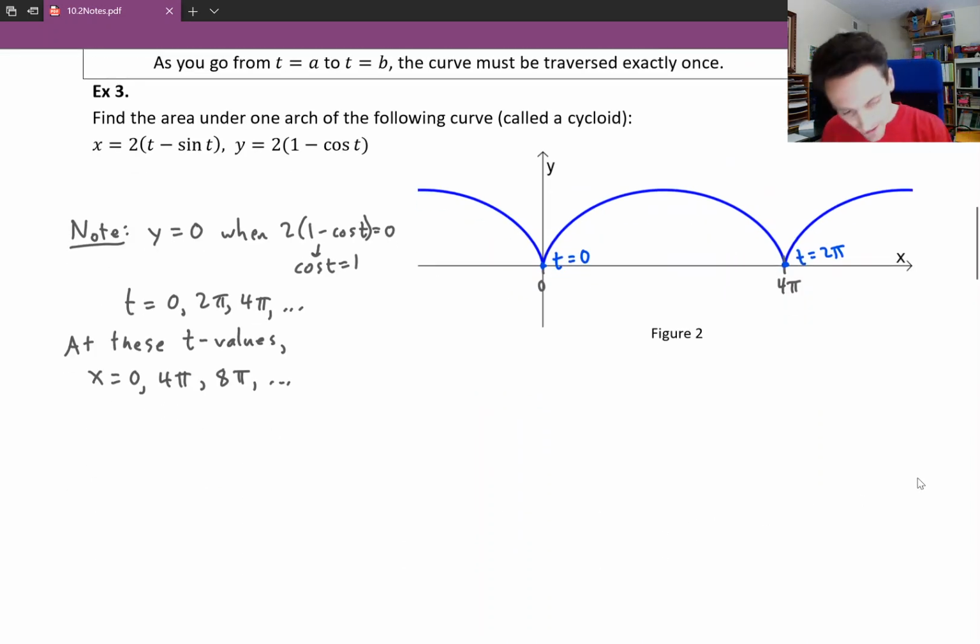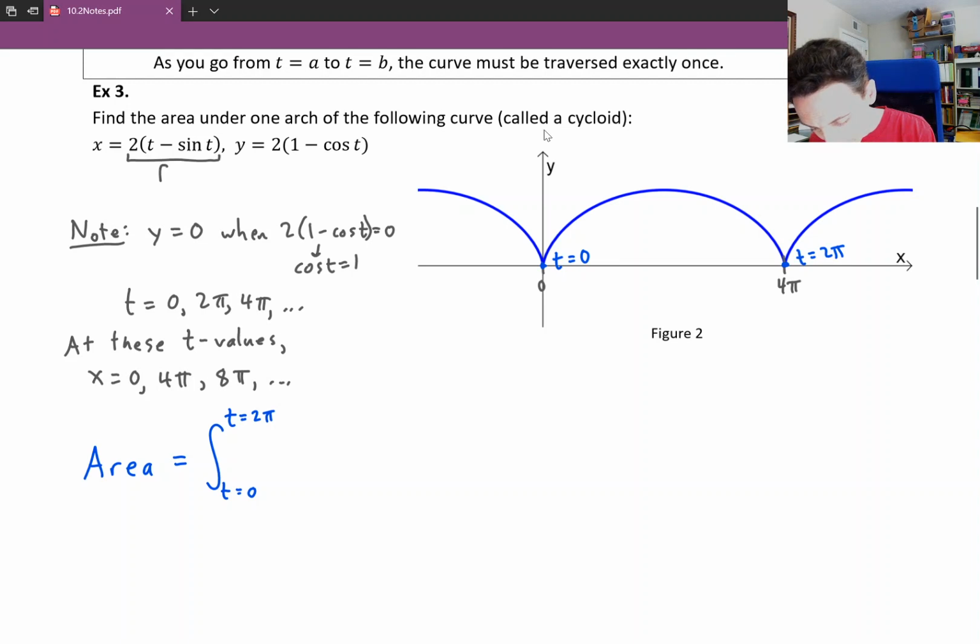Okay, so to find the area under one arch, we're going to take the integral from t equals 0 to t equals 2 pi. I'm writing the t's there just for emphasis. And actually, let's go back up to where we have x equals 2 times quantity t minus sine t. We're going to write that as our f of t, and then y is equal to g of t.